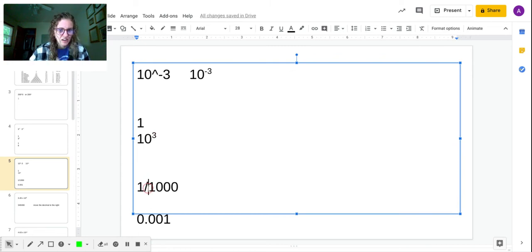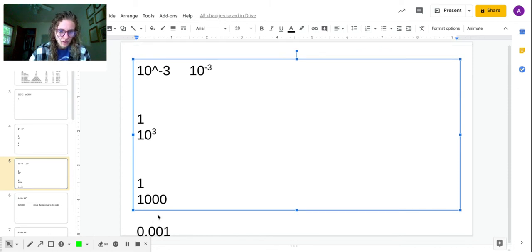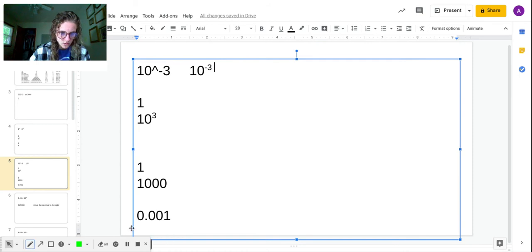So now we have 1 over 1,000, and 1 over 1,000 is equivalent to 1/1000th.